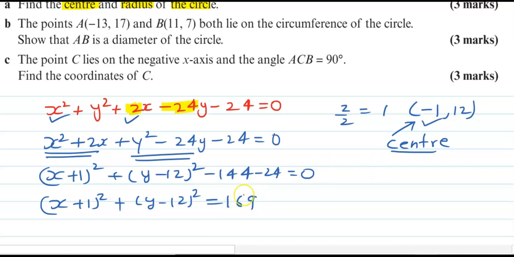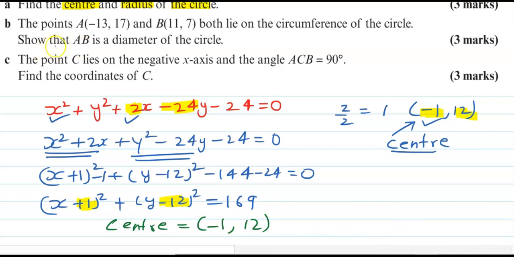Now the center, if you see from here, you are getting the same minus 1 and 12. So x plus 1 square, and there is one minus 1 here. So that will be 169. So the center we got is minus 1 and 12.